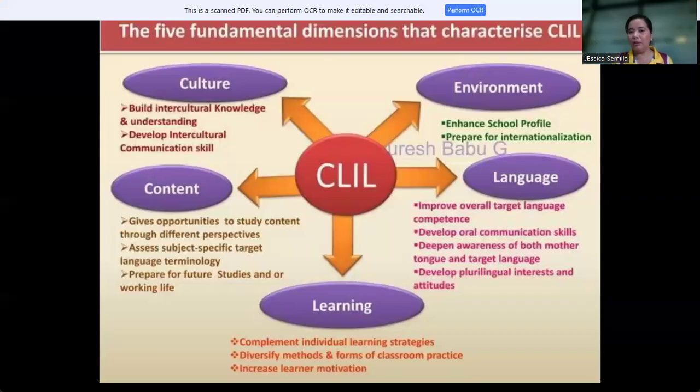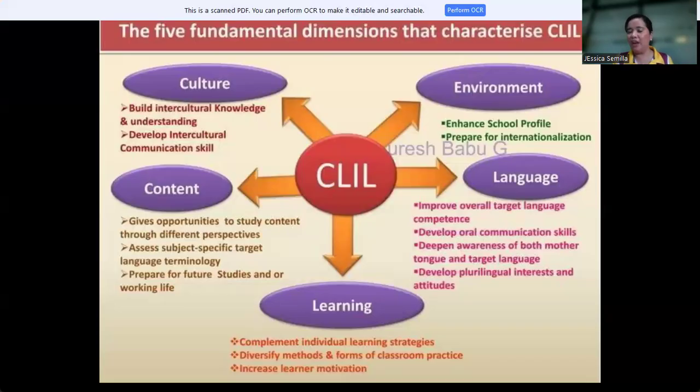So this culture, content, and environment enhances students' learning in terms of those three: the content, the culture, and the environment, while they are trying to learn the language focus, meaning they are developing their oral communication skills, improving the target language competence, and deepening their awareness of the use of the target language that they are trying to learn, and developing linguistic interest and attitude while they are learning culture, content, and environment.